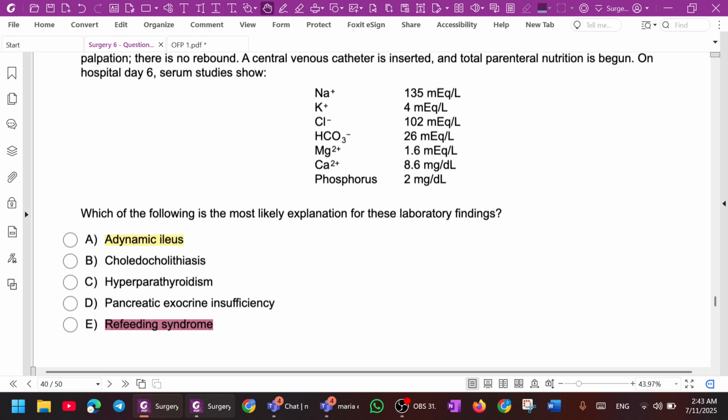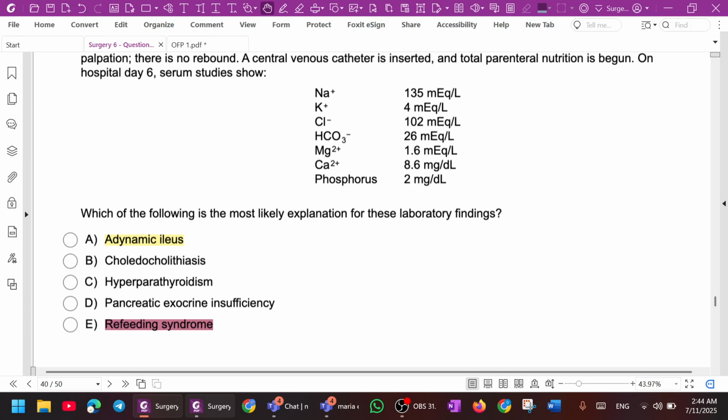Ileus refers to intestinal hypomotility without mechanical obstruction, most likely occurring following surgery in the setting of electrolyte abnormalities like hypokalemia, and typically presents with diffuse small and large bowel dilation. Here I guess the bowel is normal. Okay, I guess we will take it like that.